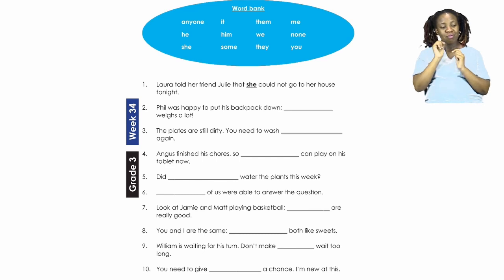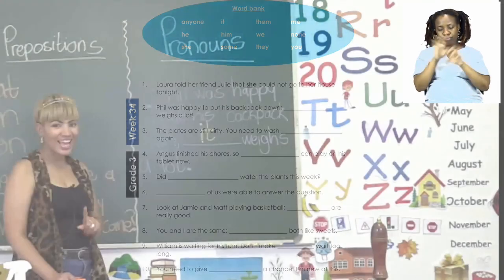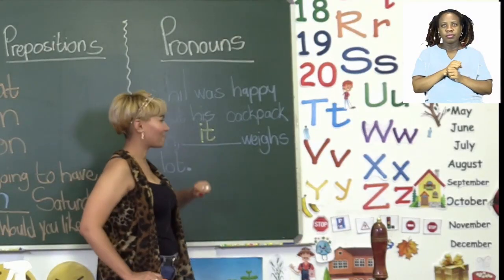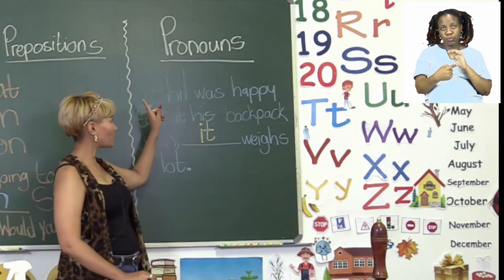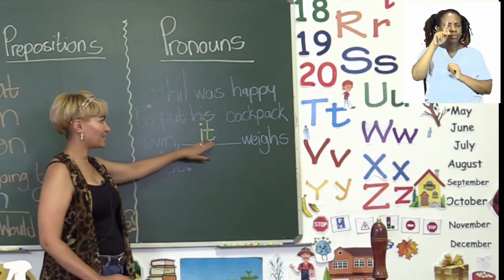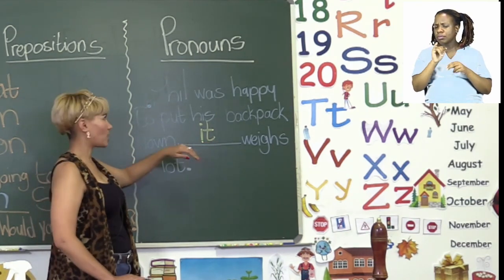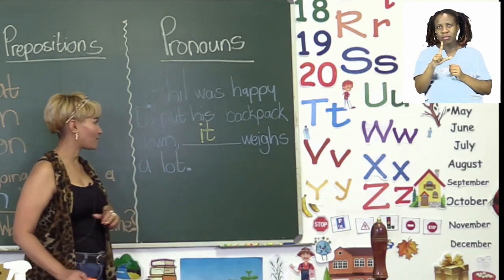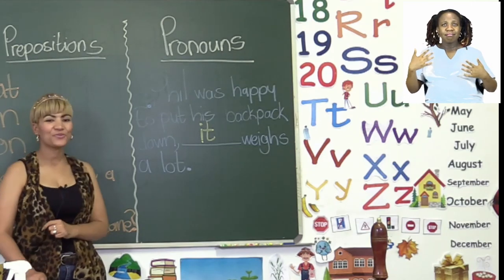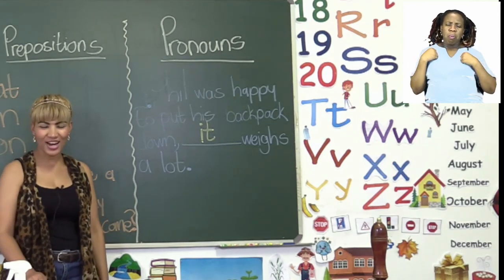Now let's quickly look at number 2. Now number 2 I wrote on the board for you again, and here you will see we have filled in the blank space already. So the pronoun that we used for number 2 is the word it. So the sentence reads, Phil was happy to put his backpack down. It weighs a lot.